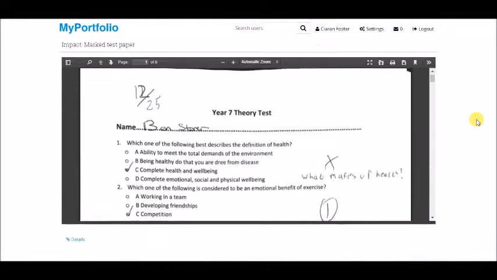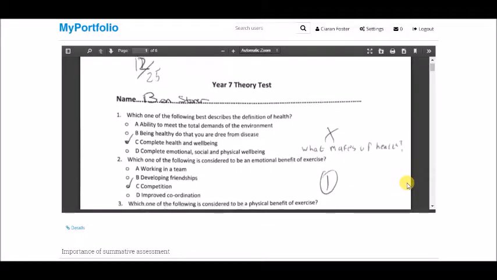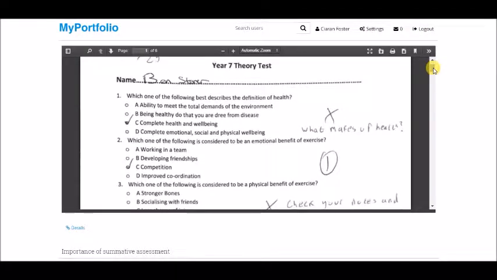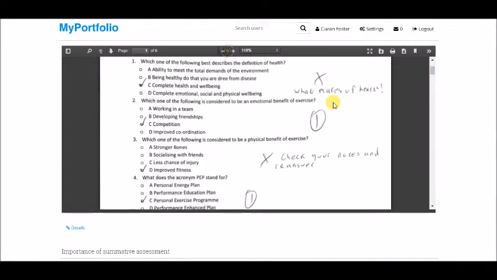After they had sat the test, I went through and marked them all for my Year 7 group, and I gave a mark for each one. However, I put a comment after each question where they could have picked up additional marks.